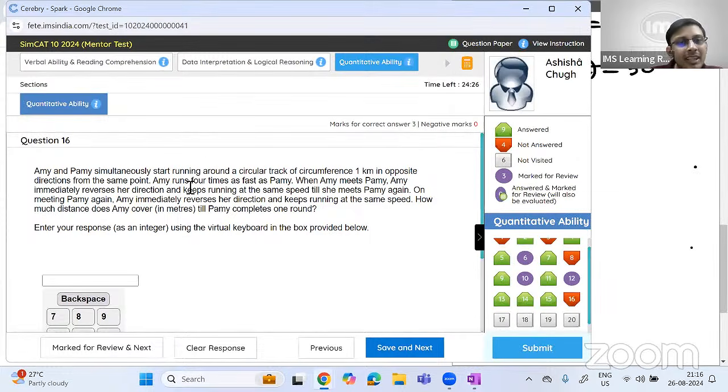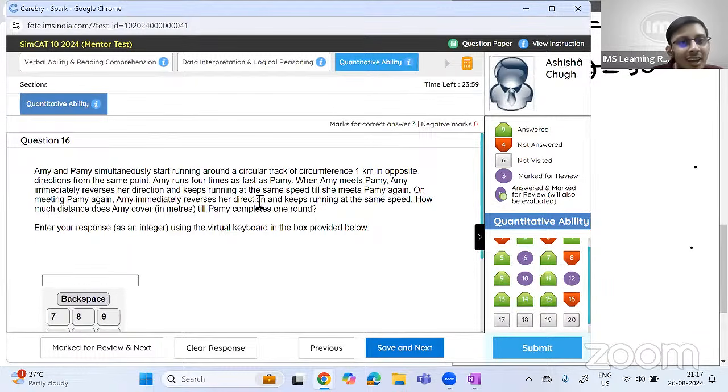A and P simultaneously start running around a circular track of 1 kilometer in opposite directions, A being 4 times as fast. Okay, circular race. When A meets P, A reverses her direction and keeps running at the same speed until she meets P again. On meeting again, she immediately reverses and keeps running at the same speed. How much distance does A cover?